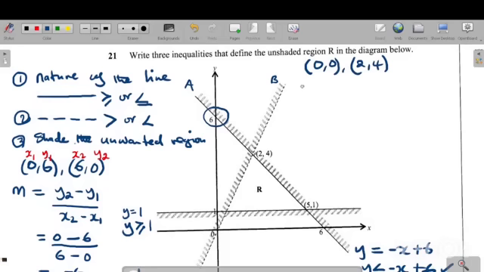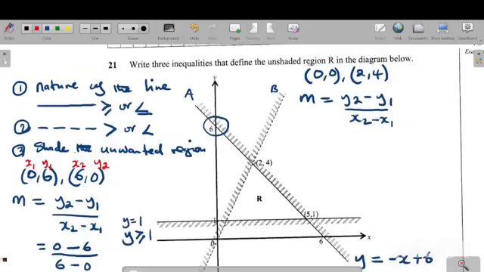The next step is to find the gradient m. So m is given by y2 minus y1 over x2 minus x1. Again, let's make this point 0, 0, so we have x1, y1, then x2, y2. Let's substitute in this.